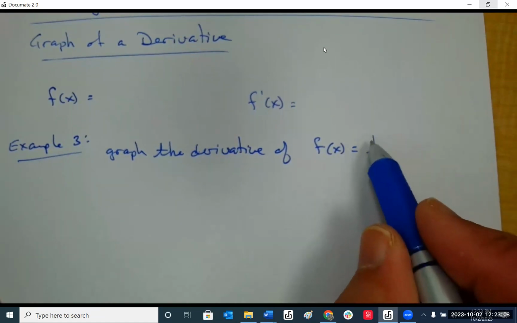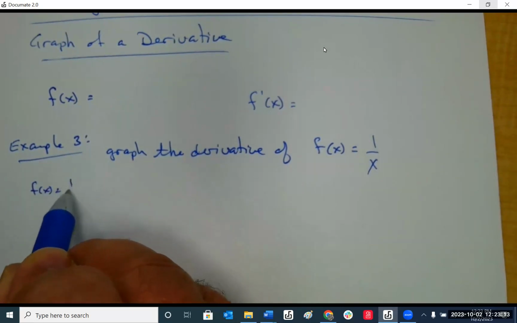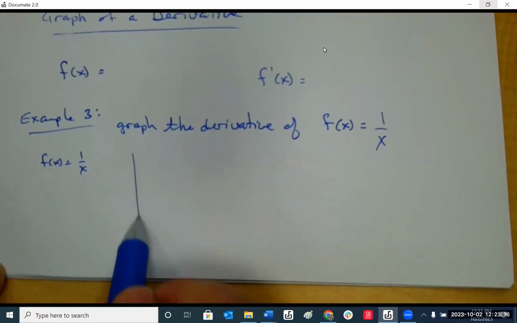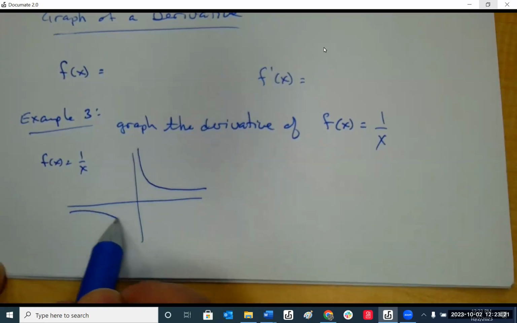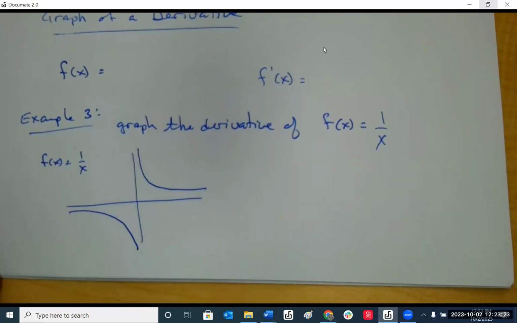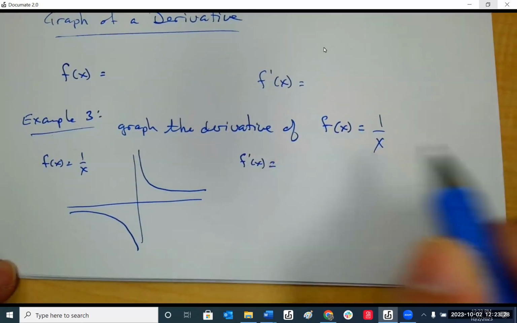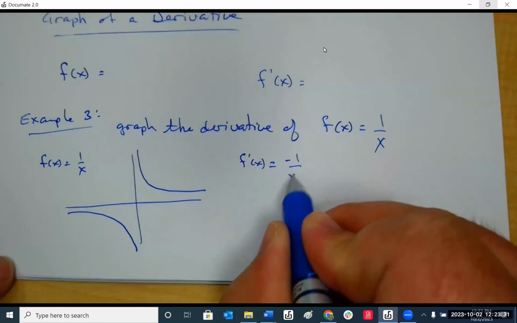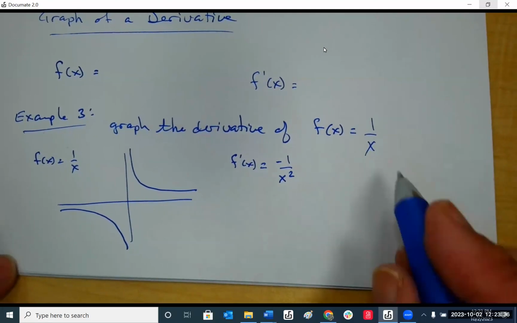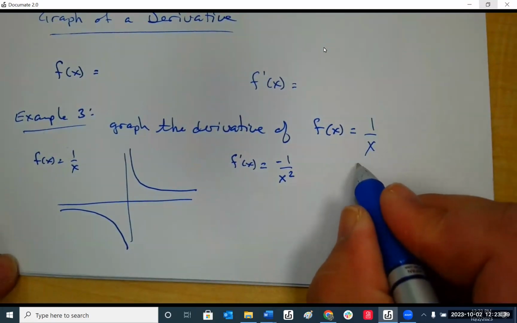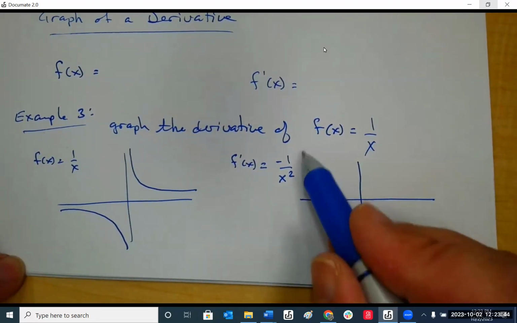So we know what this function looks like. The derivative of this function, which we worked out already, was -1 over x squared. What does -1 over x squared look like?